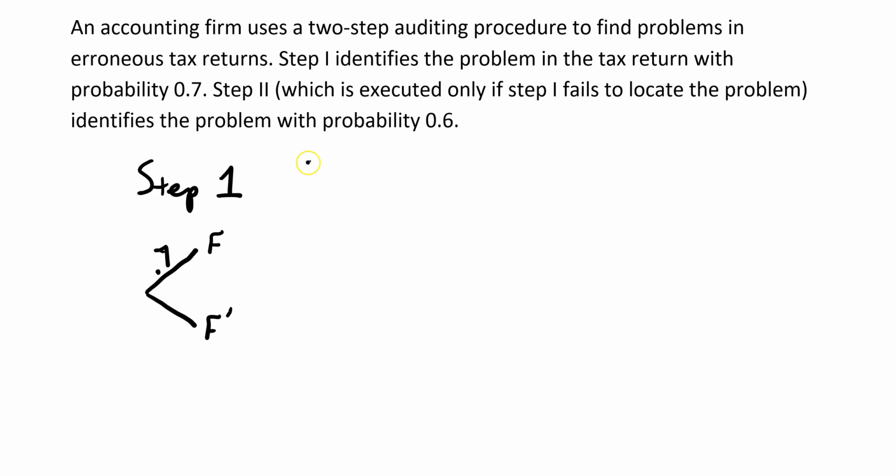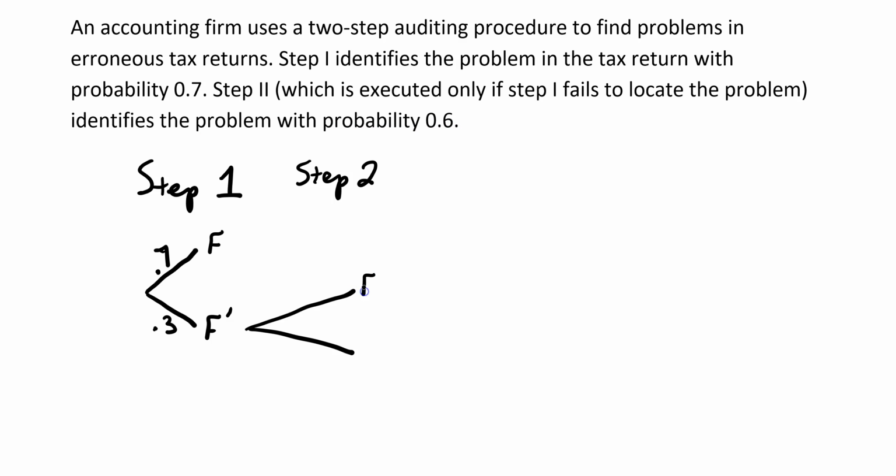Step 2 occurs only if step 1 hasn't worked. Now in step 1, there is a 30% chance of not finding the problem. So if they don't find the problem, then they go on to step 2. And step 2 says that it identifies the problem with a probability of 0.6.